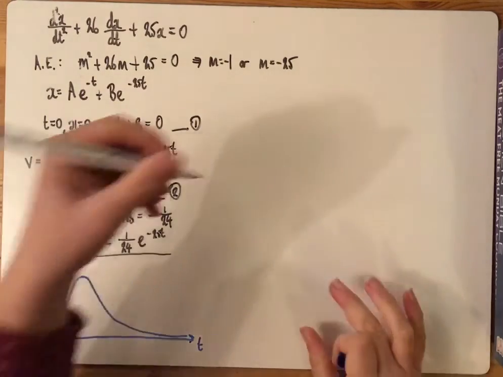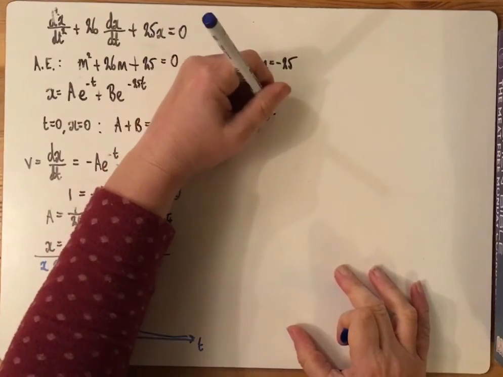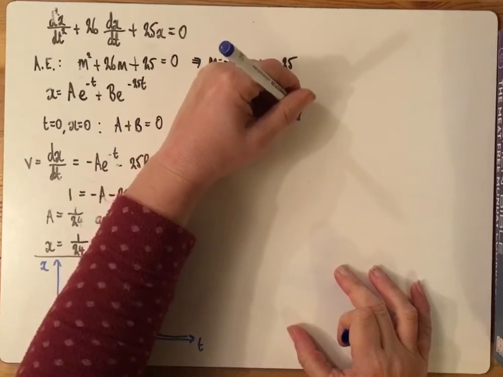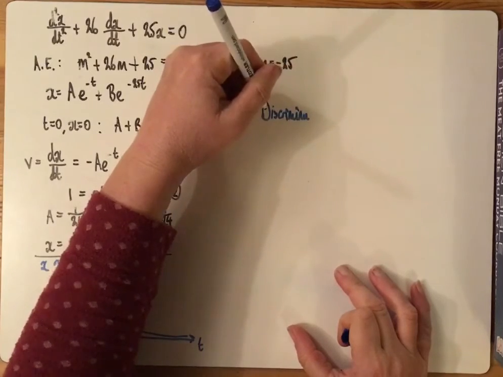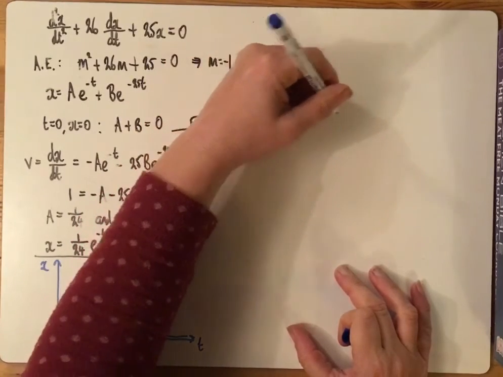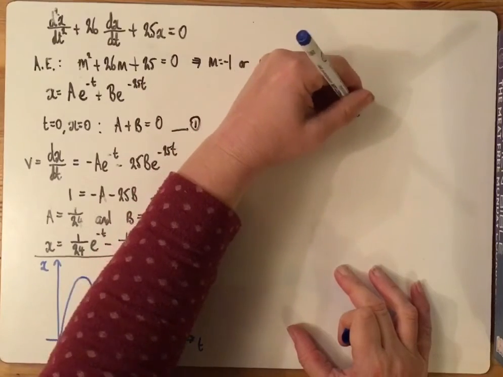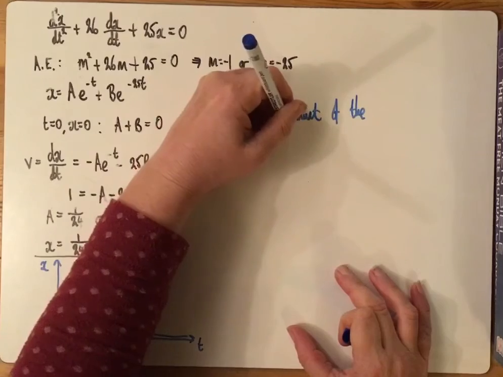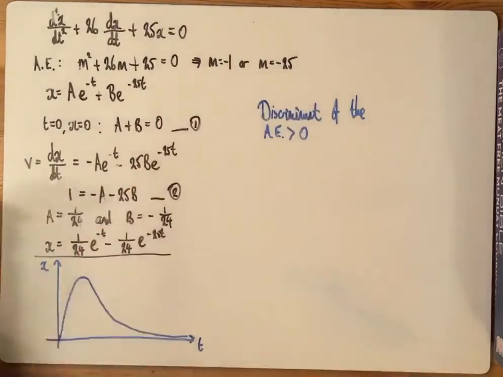For this one here, the discriminant of the auxiliary equation is greater than 0. Well, we know it is because we've got two roots. And the roots are negative.